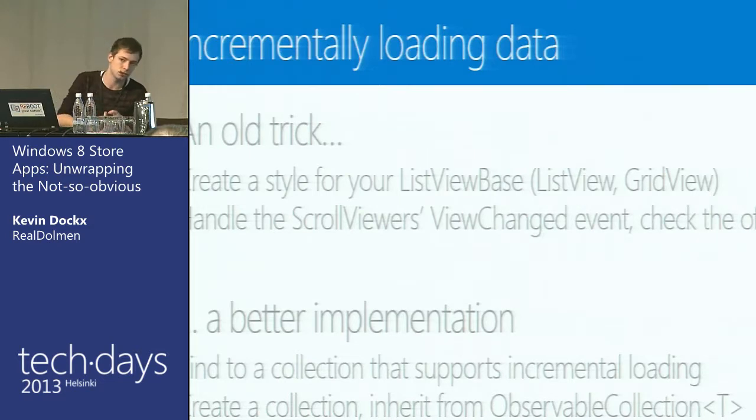You don't have to create your own style just to access the necessary events. You just have to make sure that the collection you're binding your grid view to implements the ISupportIncrementalLoading interface. So essentially what we have to do to support incremental loading, nothing on the XAML side, nothing on my grid side. But I do have to make my own collection type which implements that interface.